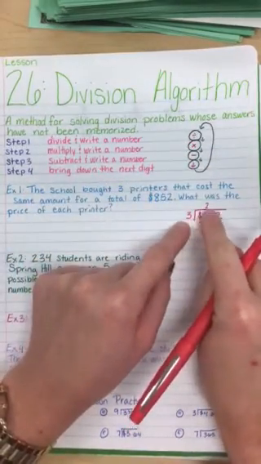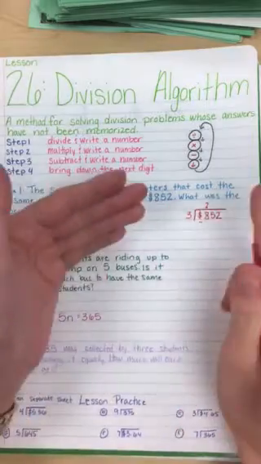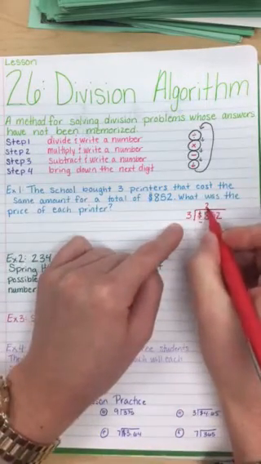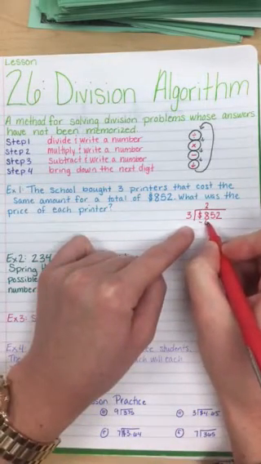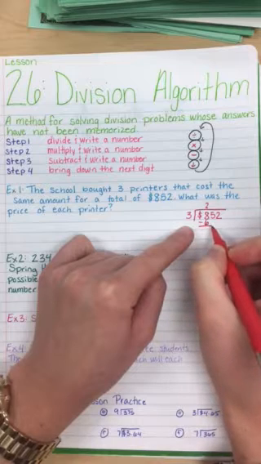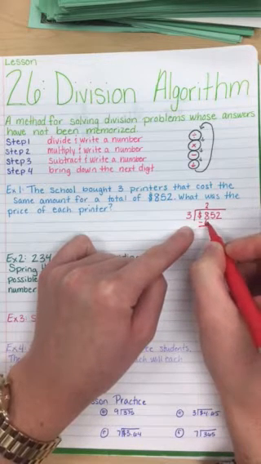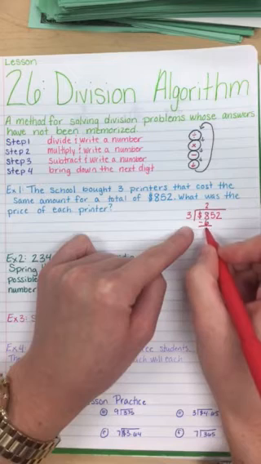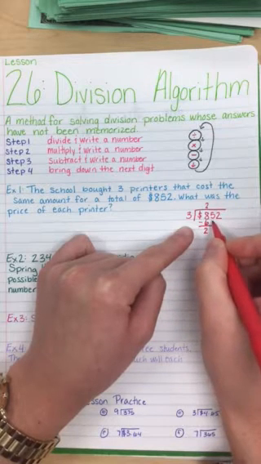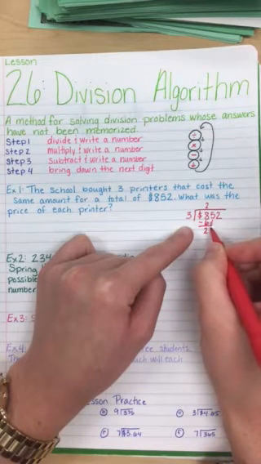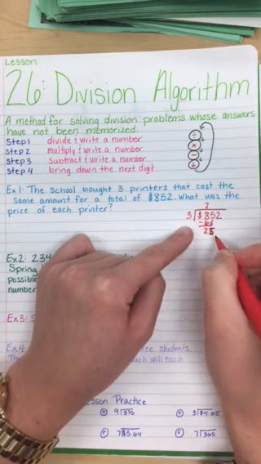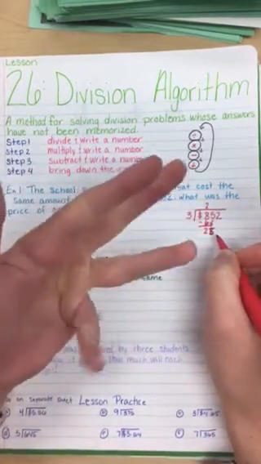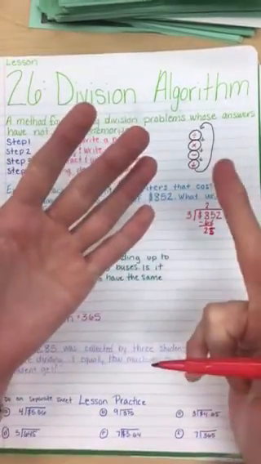You divide, and then you multiply. 3 times 2 is 6. Then I subtract: 8 take away 6 is 2. Then I bring the next digit down, 5. How many times can 3 go into 25? 3, 6, 9, 12, 15, 18, 21, 24.